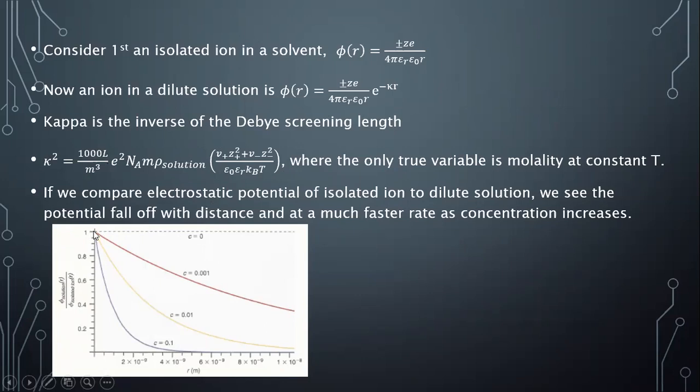Looking at this, at a concentration of 0.001, as R gets further and further away, we see the potential of the solution versus that of an isolated ion. As R gets bigger, how does this change?